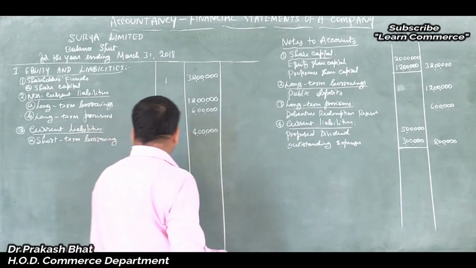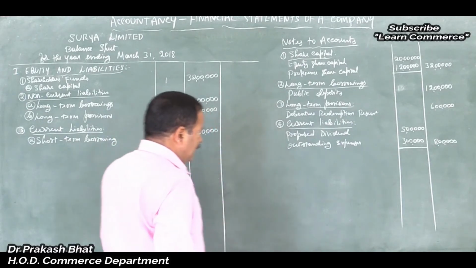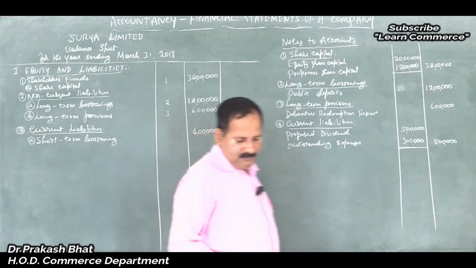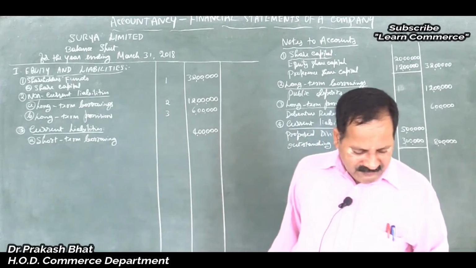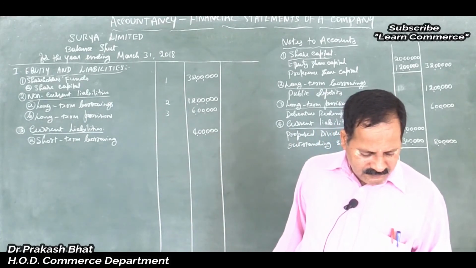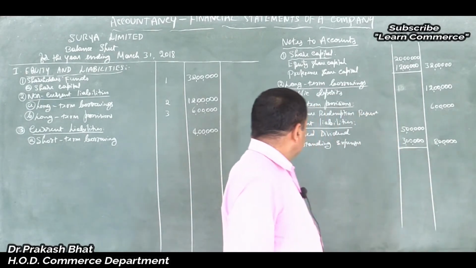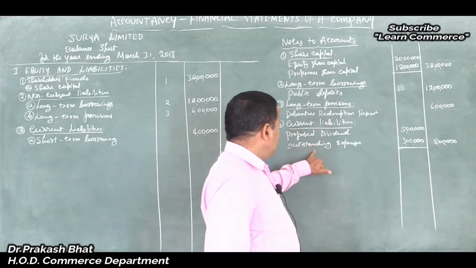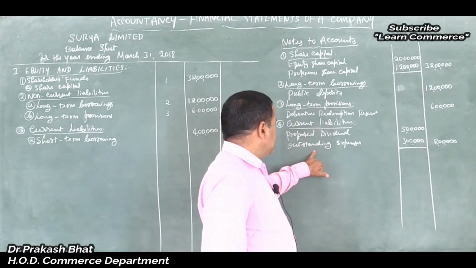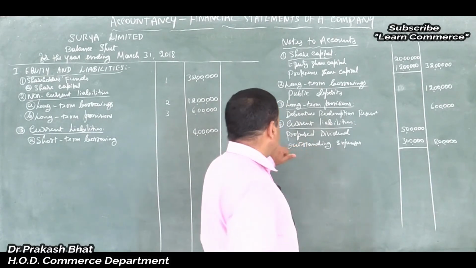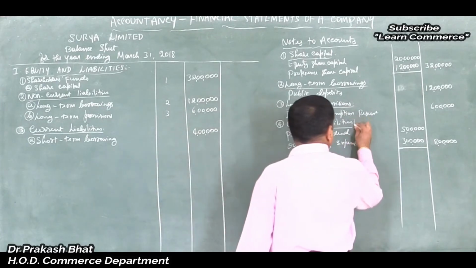Over. Then under current liabilities, the next item is other current liabilities, that is proposed dividend and outstanding expenses. Both come under other current liabilities.